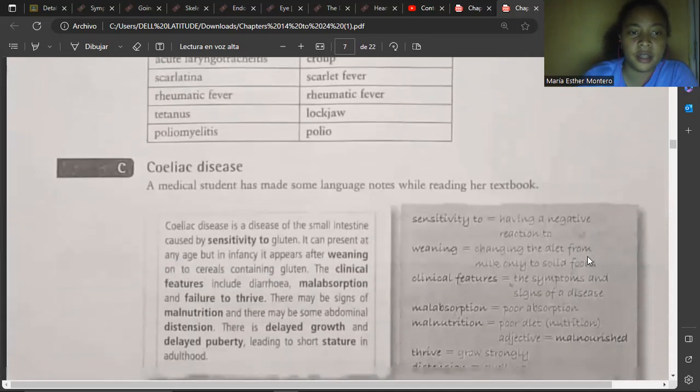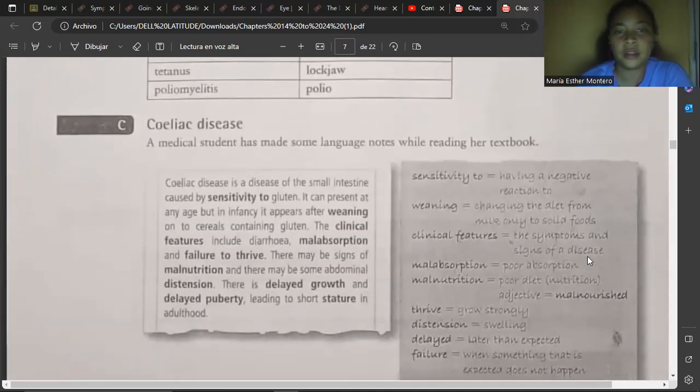Celiac disease. A medical student has made some language notes while reading her textbooks. Celiac disease is a disease of the small intestine caused by sensitivity to gluten. It can present at any age, but in infancy it appears after weaning onto cereals containing gluten.